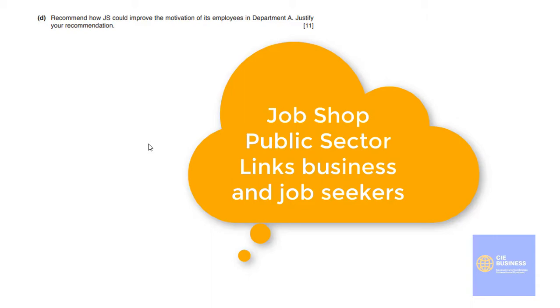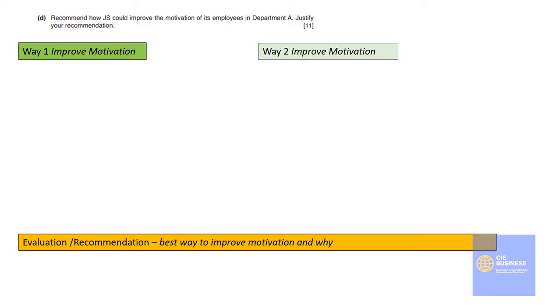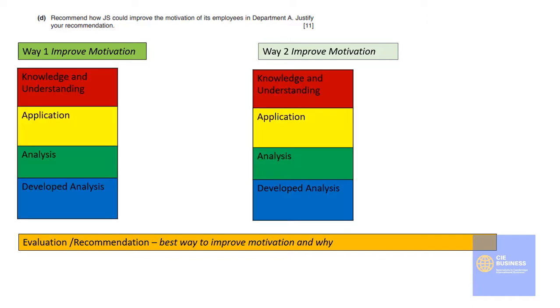To structure this question, we need two developed chains of analysis, explaining ways of improving motivation, followed by an evaluation recommending our choice. In each chain of analysis, we need these essential components. Check out Chain of Analysis Essential Guide to find out further detail.